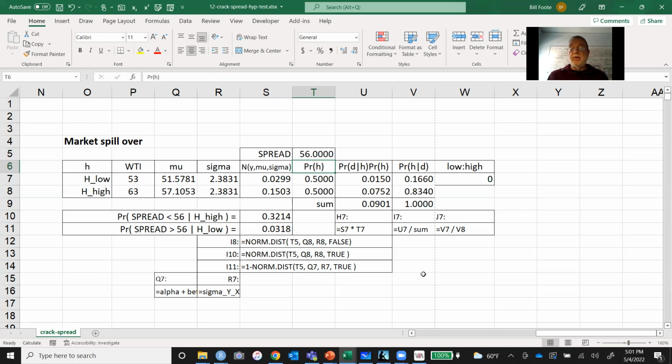And that's that for hypothesis testing using the model, where now we've parameterized a low hypothesis versus a high hypothesis. We could use low, medium, and high as well in the same approach, and then look at where the spreads work out.